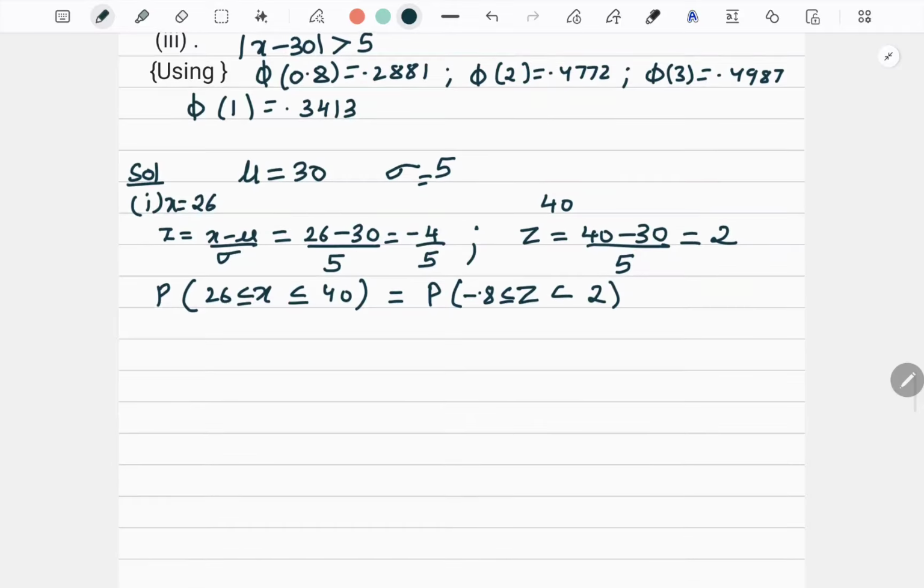Correct. So now if I try to understand or solve this in my normal curve, this is the normal curve. Now suppose this point is minus 0.8 and this point is 2.